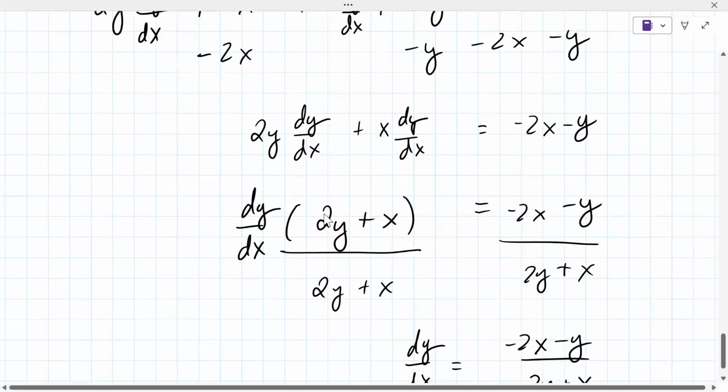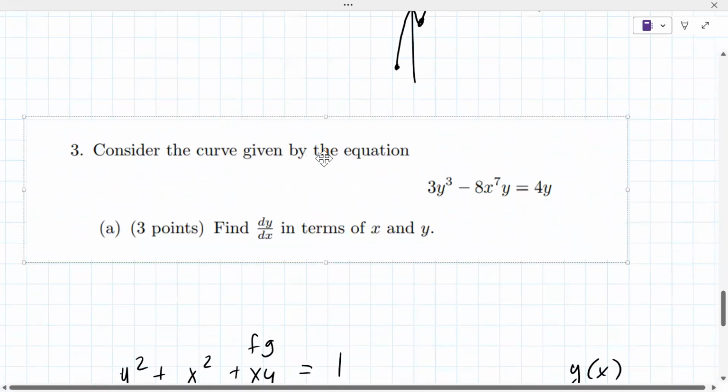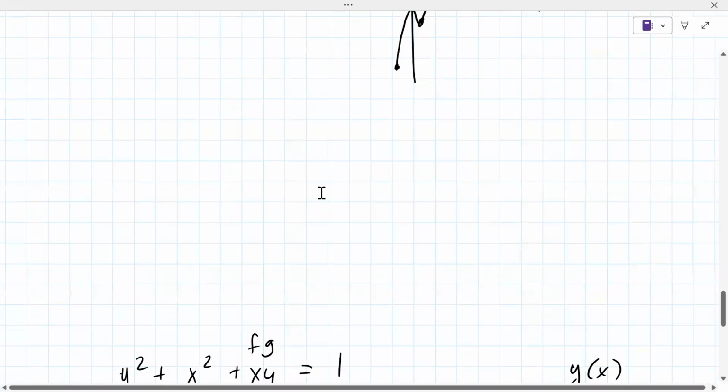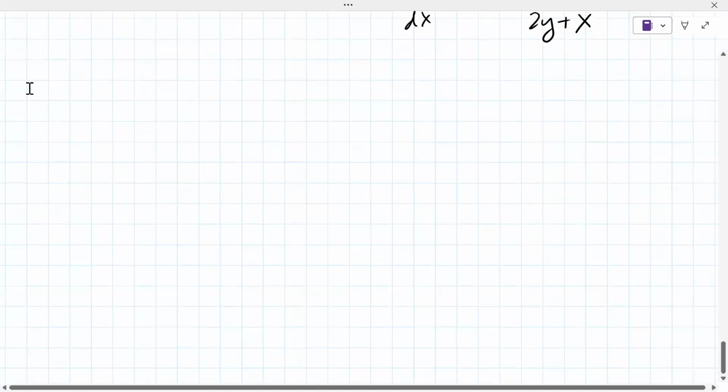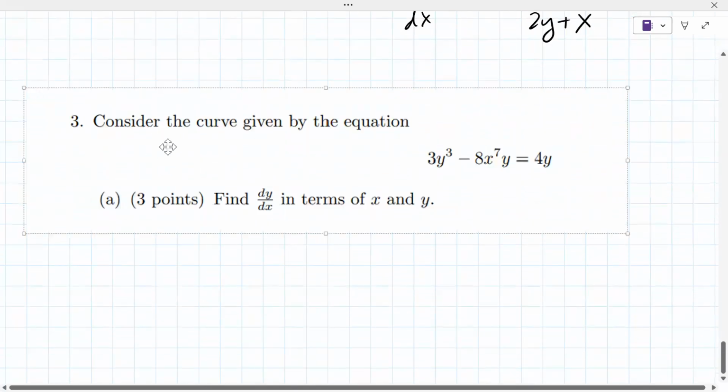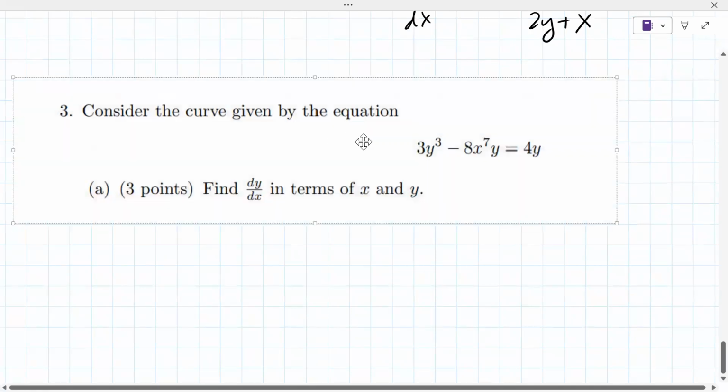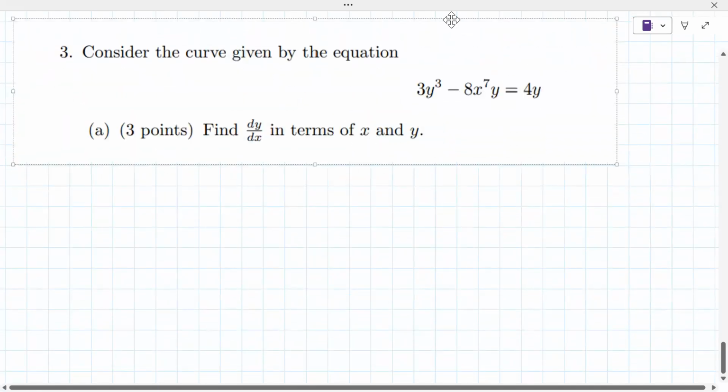All right. So if we want to go back up to this problem here, I'd like you to just try taking the derivative. You don't have to solve for dy/dx here. Let me just check the first part of whatever you do.